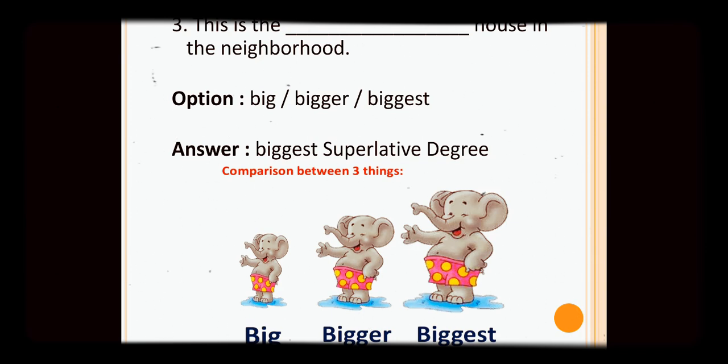So this is the biggest house in the neighborhood. Big, bigger, biggest. So whenever you are using superlative degree, please make sure that the is used before the adjective. If the is not used, then that statement becomes wrong. So the has to be used.